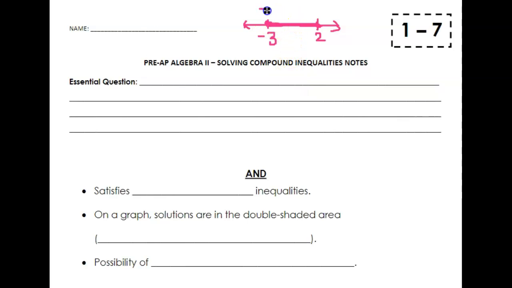Well, the left boundary is -3. The right boundary is 2. Let's say my solutions are all of my x values, and I notice that they're both closed points, so I would have less than or equal to signs.